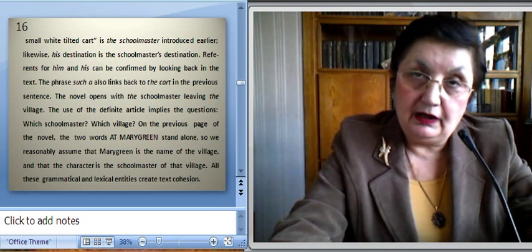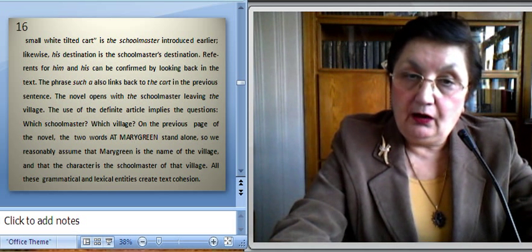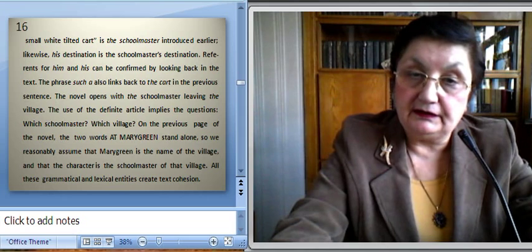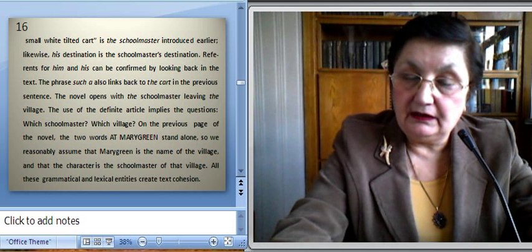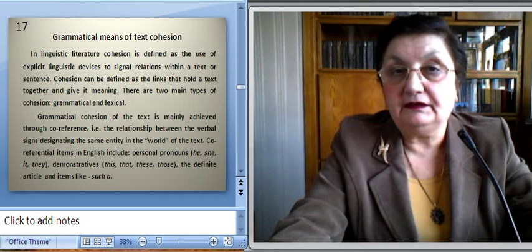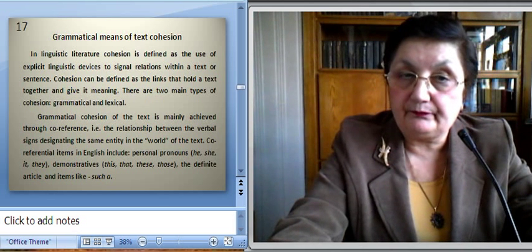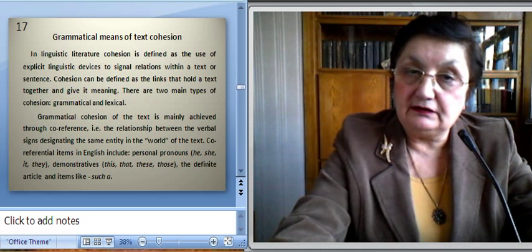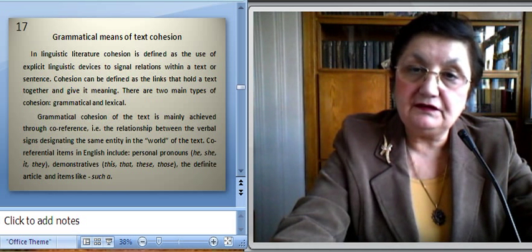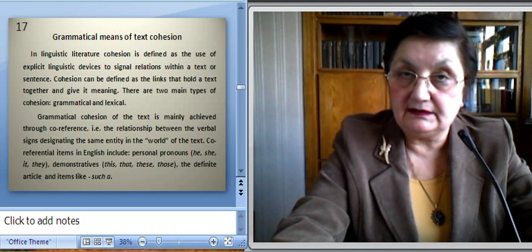Now we'll discuss grammatical means of text cohesion. In linguistic literature, cohesion is defined as the use of explicit linguistic devices to signal relations within a text or a sentence. Cohesion can be defined as the links that hold the text together and give it a meaning.